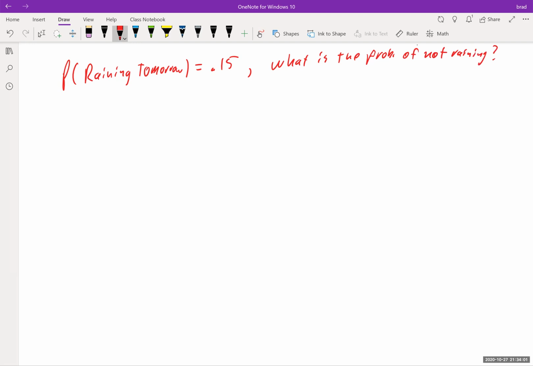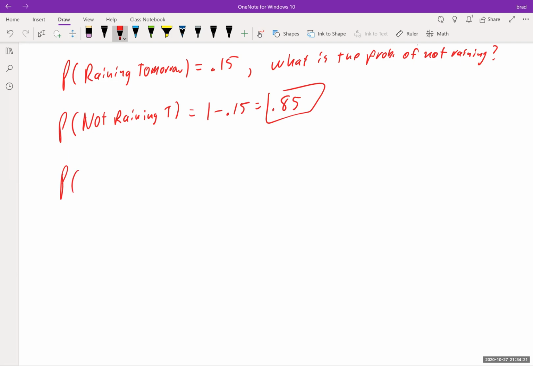Well, you should know that. If the probability of raining is 15%, the probability of not raining tomorrow is equal to 1 minus 0.15, which would be 0.85. So that's how you can use this whole not idea. You could also write the probability of raining and then put a bar over it. That means not raining in this particular problem with this particular event of raining.